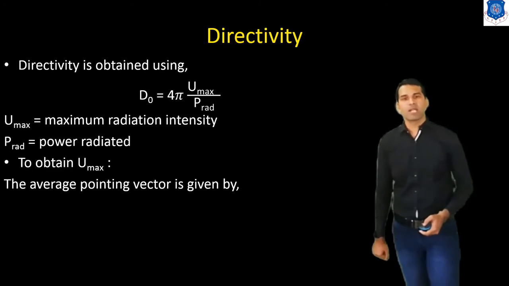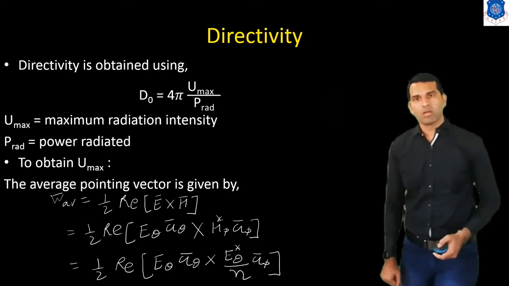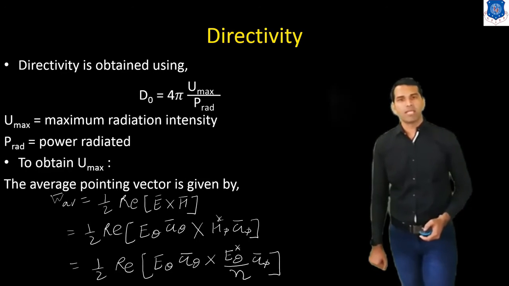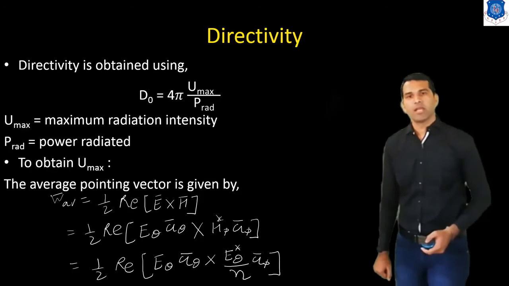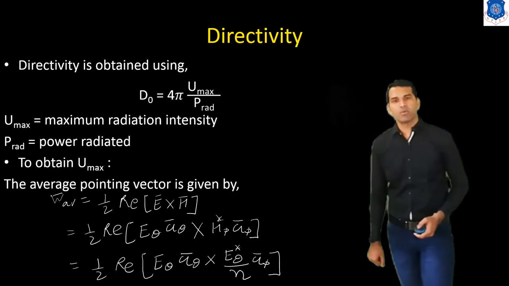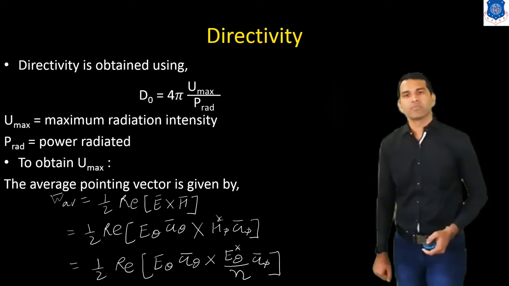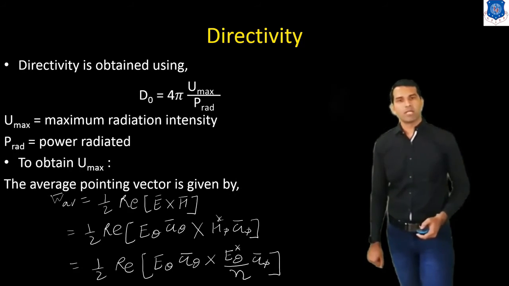The average Poynting vector is given by W average is equal to 1 by 2 real part of E cross H. So 1 by 2 we have E cross H. Here we consider E theta A theta into H phi A phi. And the relation between eta, E theta and H phi, we can write as E theta A theta into E theta upon eta A phi.